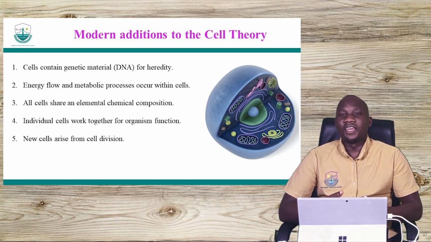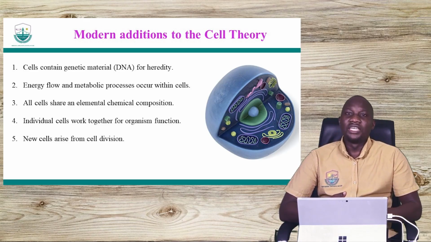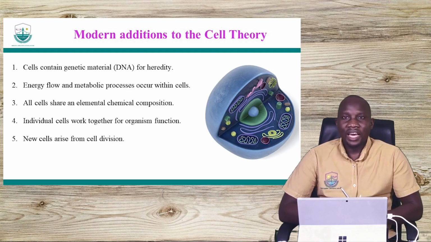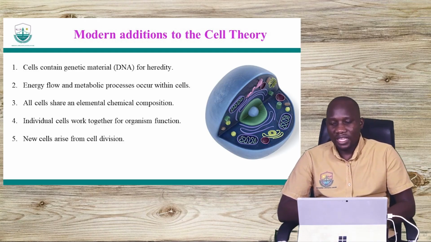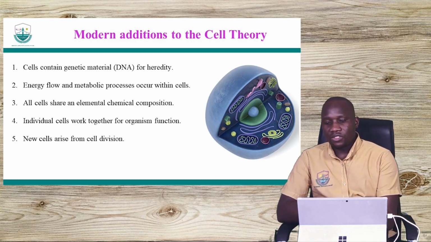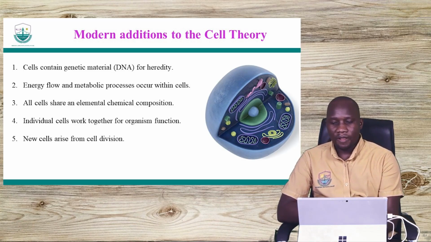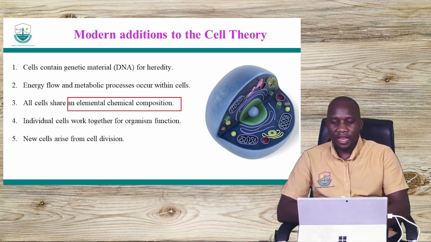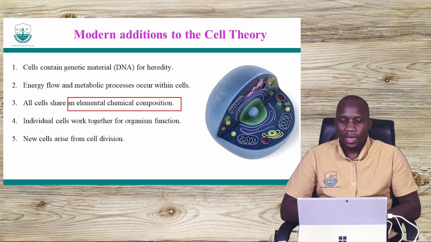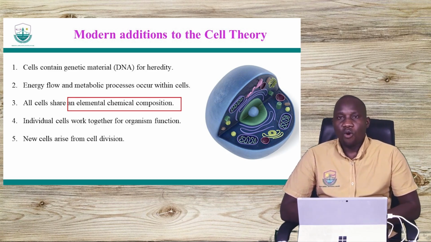There is also nitrogen, if I'm not mentioning it. These elements are the same in all cells. So that's why we are saying that all cells share an elemental chemical composition. Okay, that's the point there.